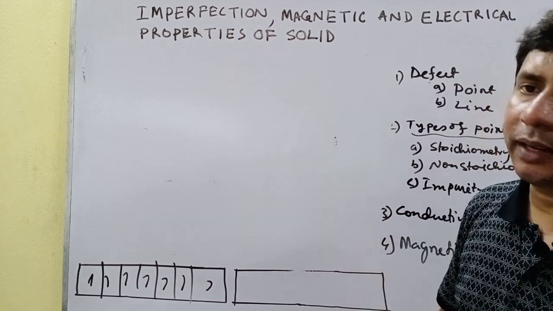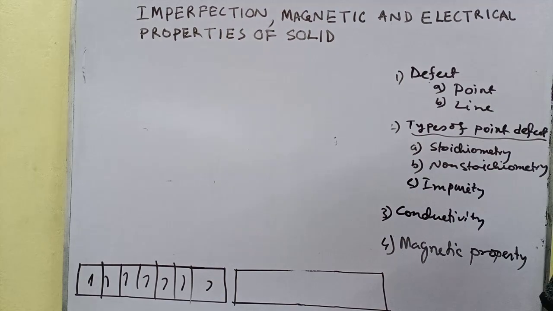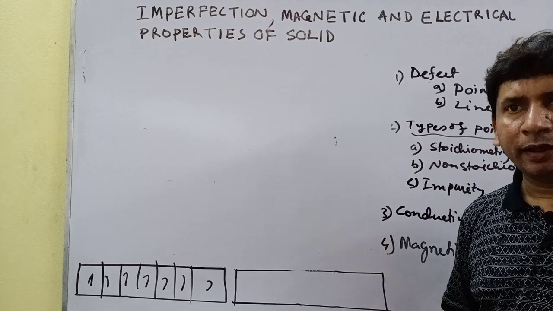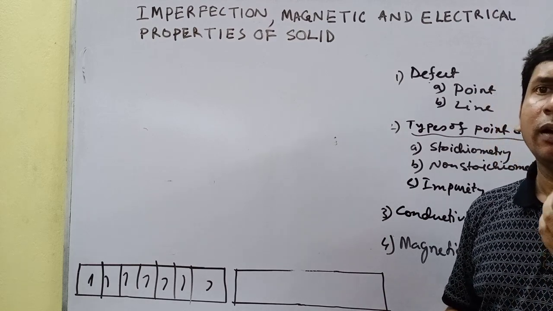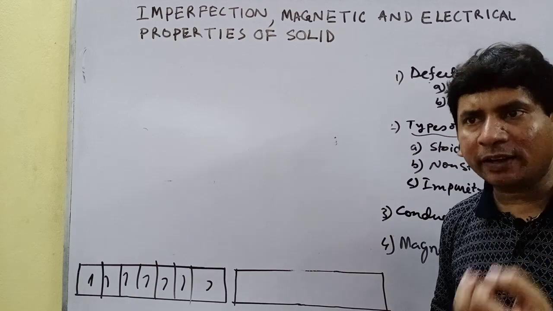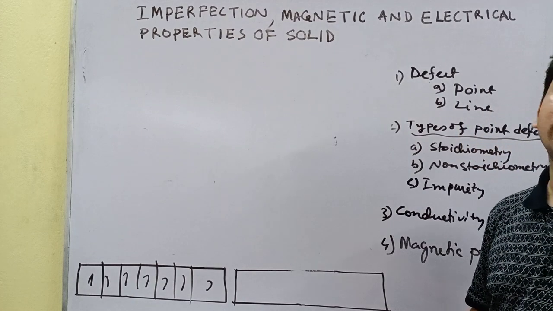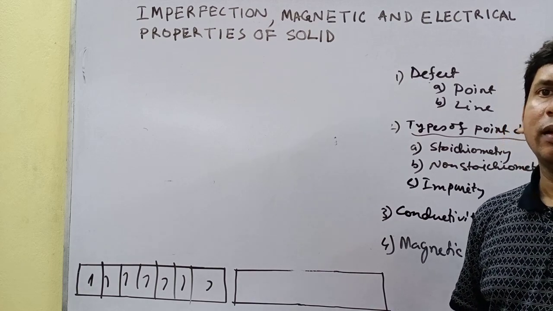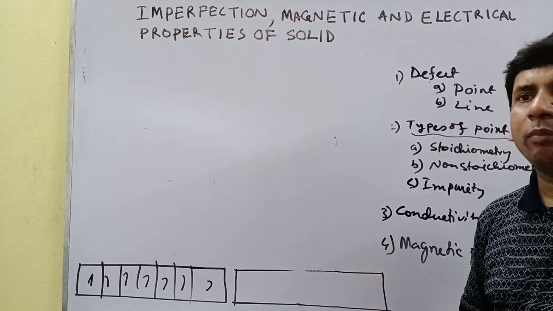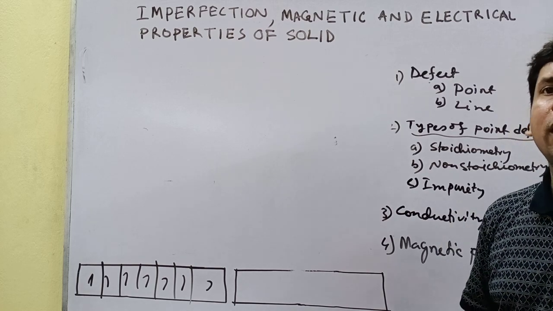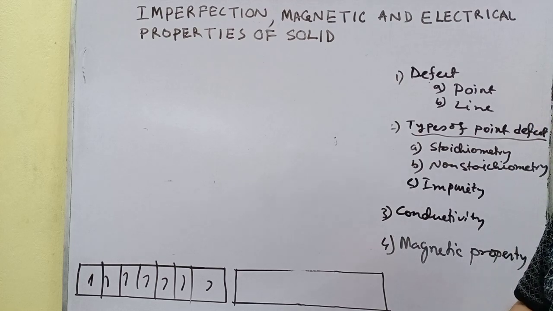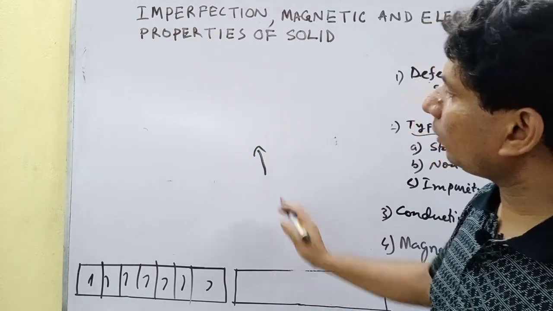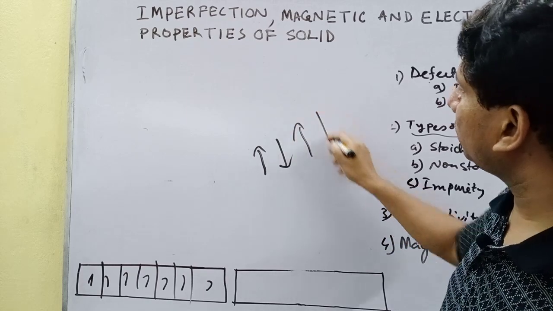What is antiferromagnetic? Antiferromagnetic substances are those which are expected to possess paramagnetism or ferromagnetism, but actually have zero net magnetic moment due to an equal number of domains in opposite directions. That means if one electron is here, then one electron is here, one electron is here, one electron is here.